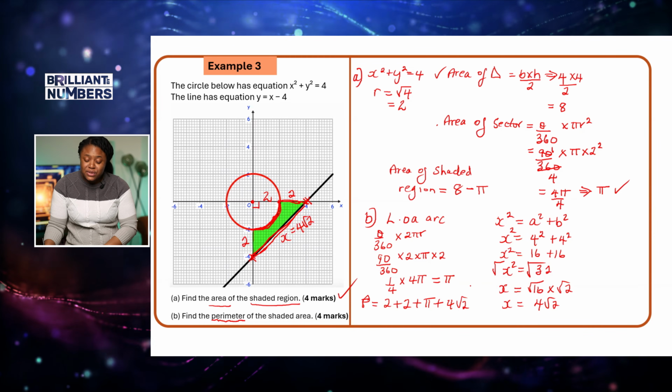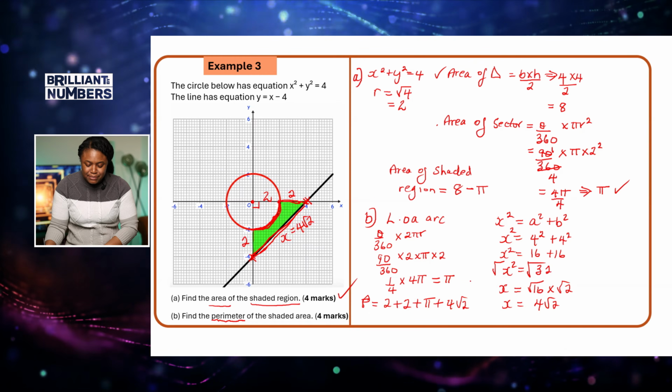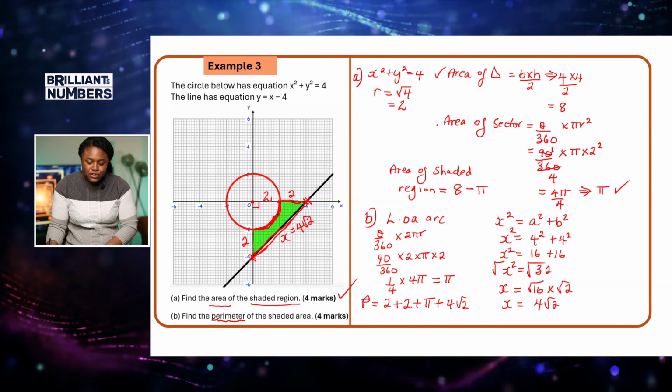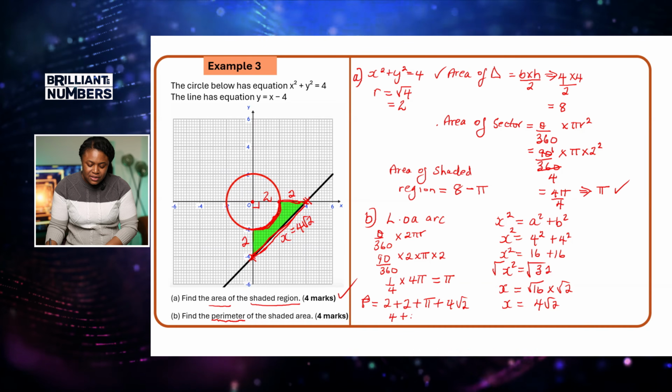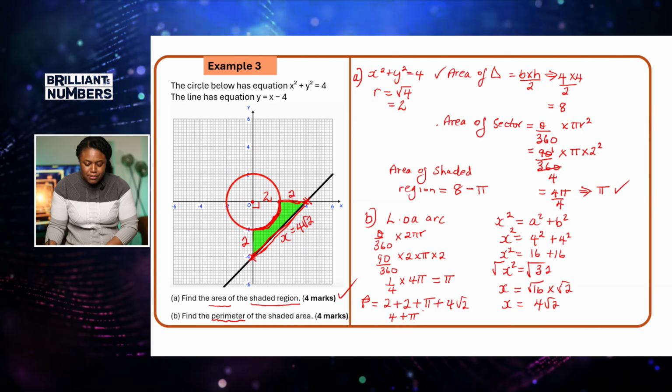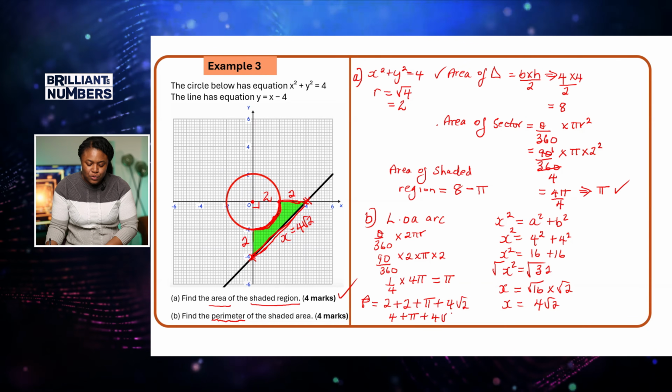So all I need to do now is to look for opportunity to simplify. So if I add 2 plus 2, I get 4, plus pi in the middle, which doesn't have any other like term, plus 4 root 2. Beautiful.